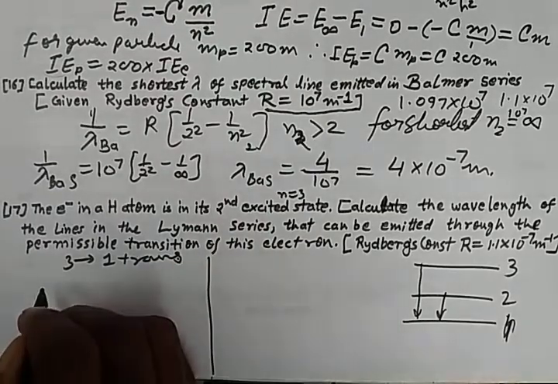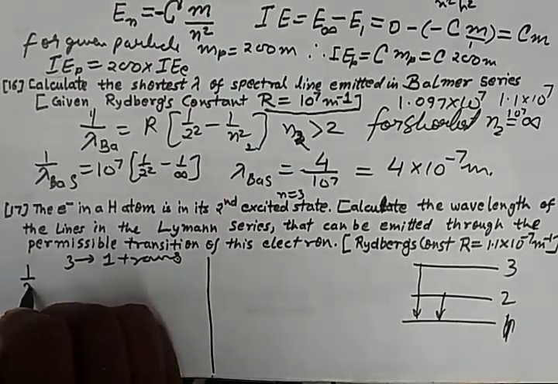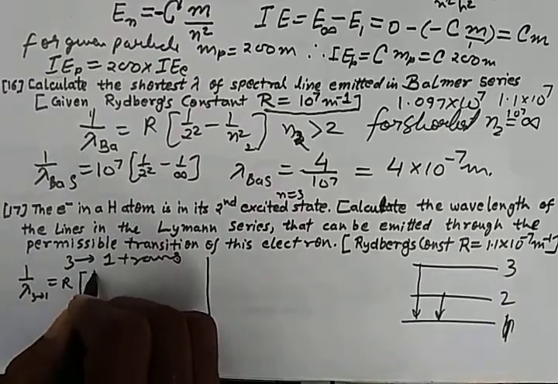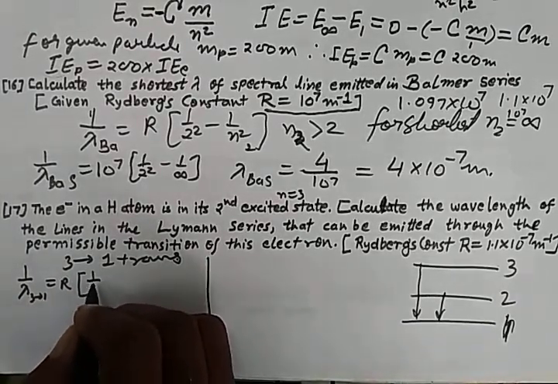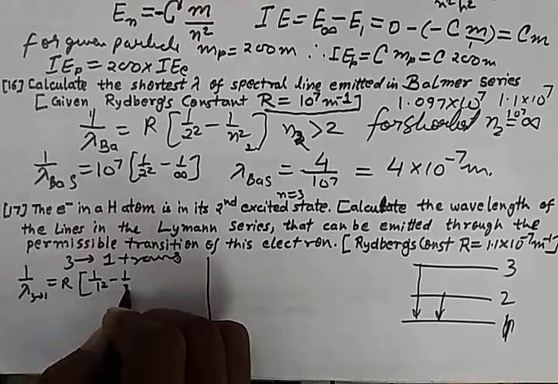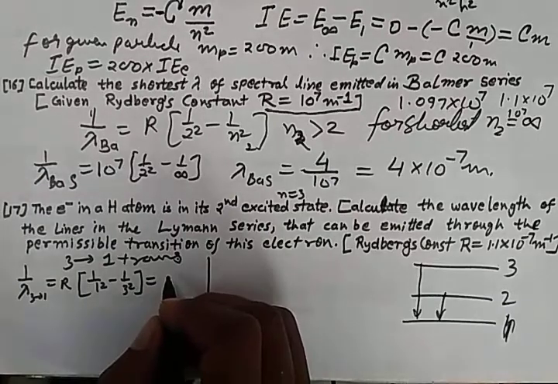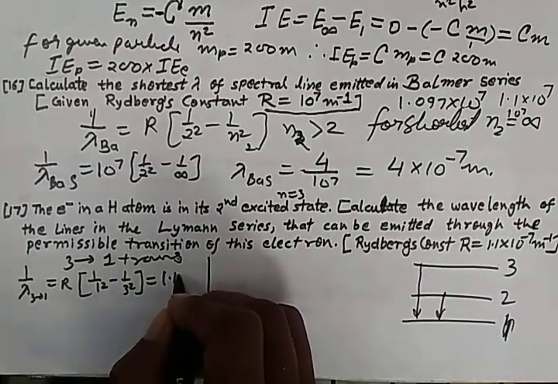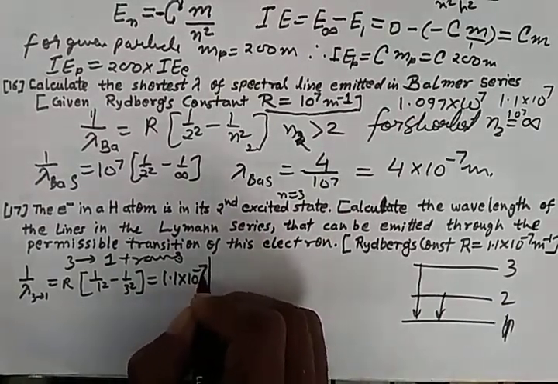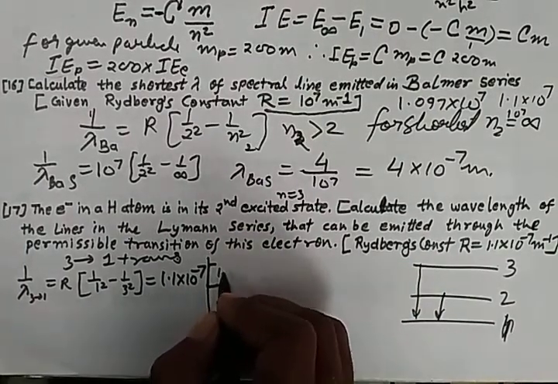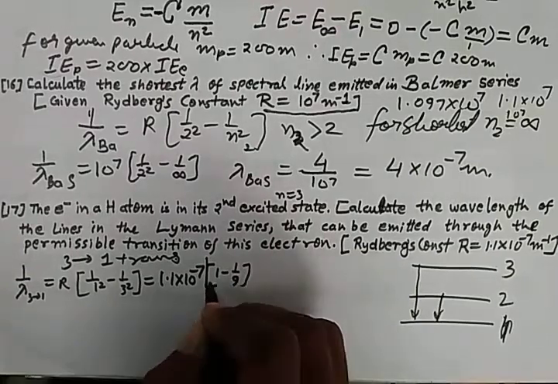So for the 3 to 1 transition, 1 upon lambda 3 to 1 equals R into 1 upon 1 square minus 1 upon 3 square. They have given R as 1.1 into 10 to the power 7, and 1 minus 1 by 9 will become 8 by 9.